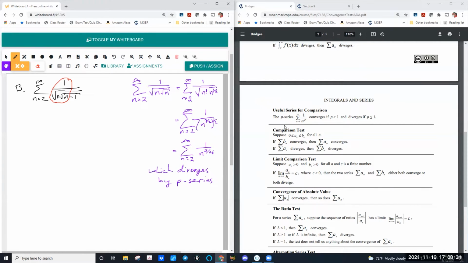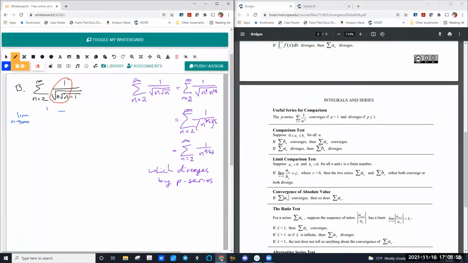So I'm actually going to go and use the limit comparison test and just look at the ratio of the two. And it doesn't really matter which one I put on top. All right, so we're going to use the ratio test, excuse me, not the ratio test, the limit comparison test. So the limit as n goes to infinity, I'll put this one on top.